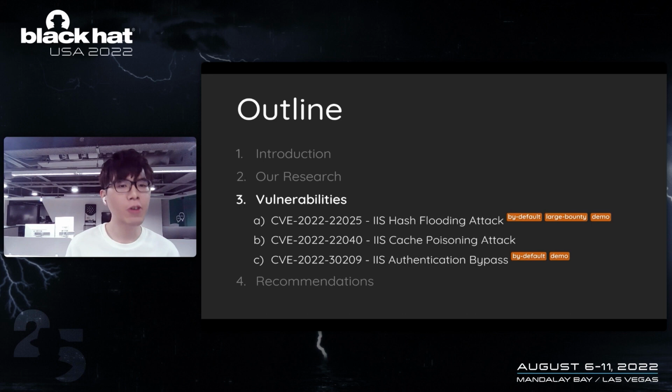Our bugs include a hash flooding DoS, a cache poisoning, and an authentication bypass. We will also talk about the exploitation, and how we maximize the severity to make these bugs impactful. Of course, a real-world authentication bypass on Microsoft Exchange Server will be detailed and demonstrated.